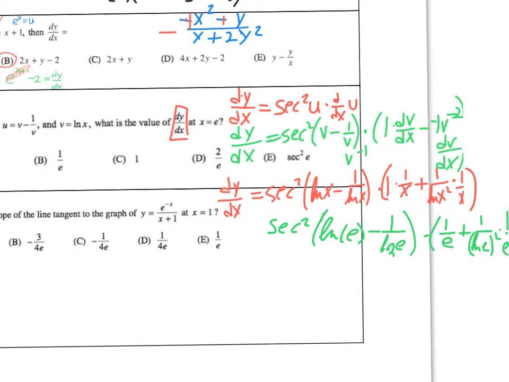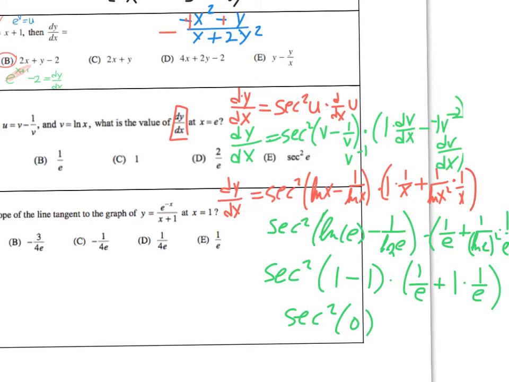Okay, well, good news. ln of e is equal to 1. So we really got secant squared of 1 minus 1, which is 0, times 1 over e, plus 1 over 1 squared, which is 1, times 1 over e. Okay? Secant squared of 0 times, that's 1 over e plus 1 over e, which would be 2 over e.